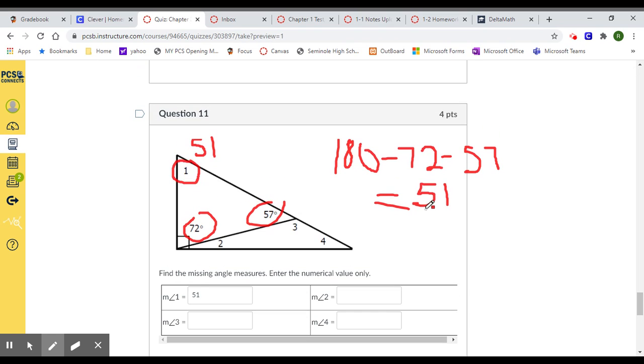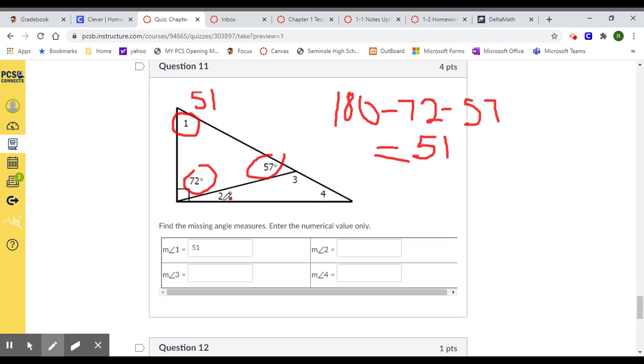So now remember, there's always a couple ways you can try out these problems. If I go to angle 2 here, let's see if I can figure out what angle 2 is. This angle is 90 degrees, so I know that this angle plus this angle equals 90.